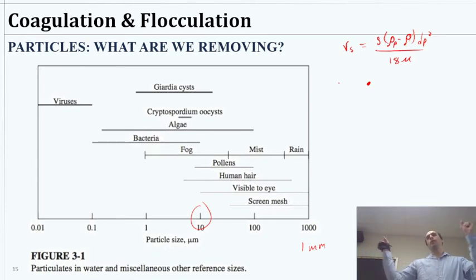So if you get the particles to start sticking together, they're going to fall at a rate that's a squared proportion to their diameter. So it turns out, just based on the physics, if you make them larger, that's going to speed up their descent a lot more than anything else.